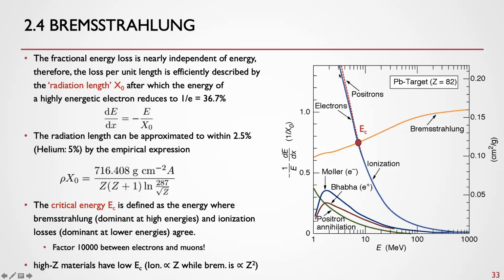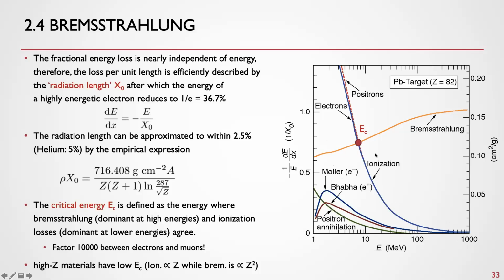So we have the ionization loss that is declining here because we divide by the energy. It declines over the whole range. Then we have the bremsstrahlung effect, and then we have smaller interactions, Møller and Bhabha scattering in case of electrons or positrons.